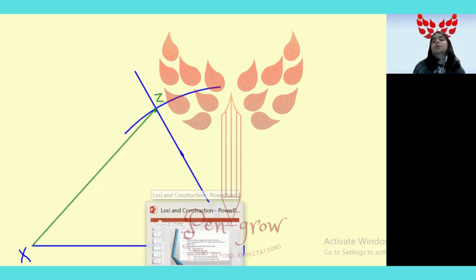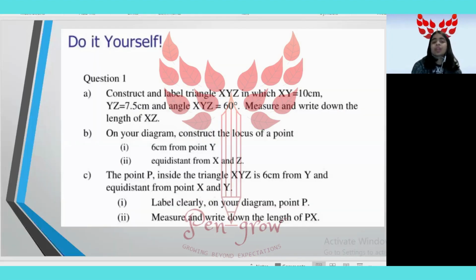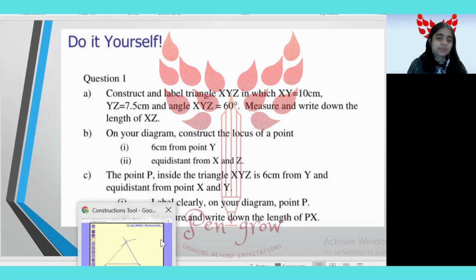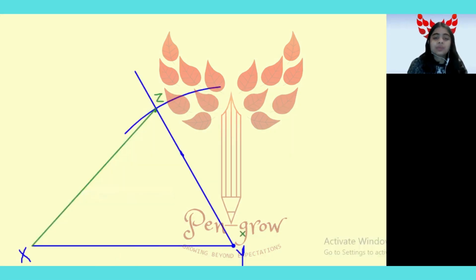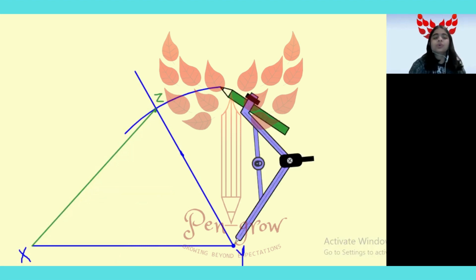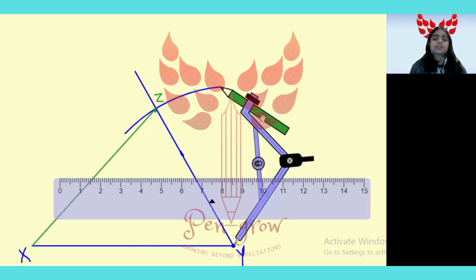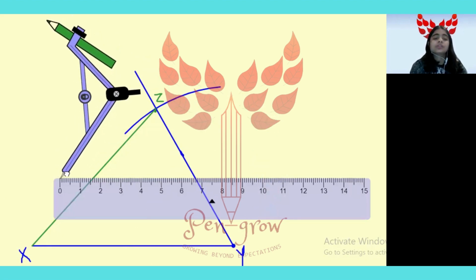Now let's look at what the question is saying further. On your diagram, construct the locus of a point 6 centimeter from point Y. Okay, now that would be difficult because we have made Y at the bottom. So I will only make the upper part of it. Let's take it to 6 centimeter.